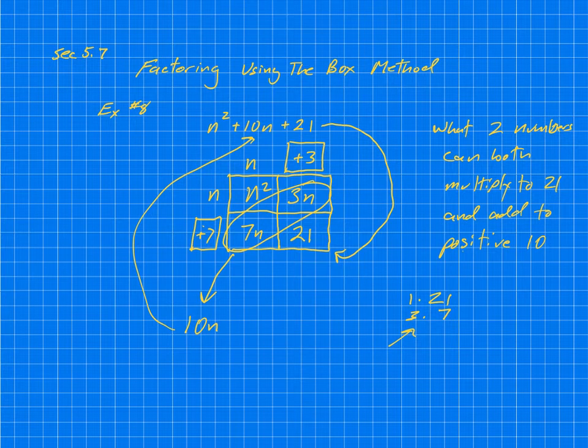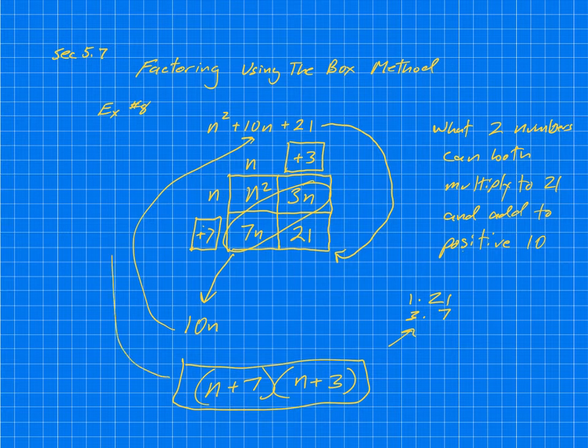And so what is the answer? The final answer is n plus 7 times n plus 3. So that is the factorization of n squared plus 10n plus 21.